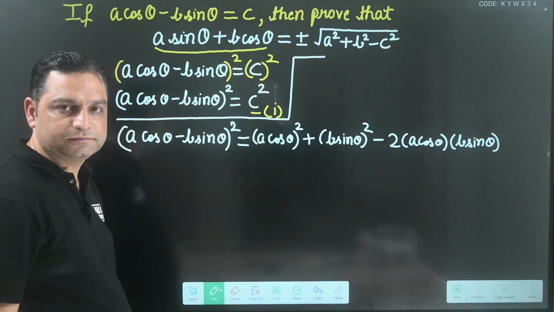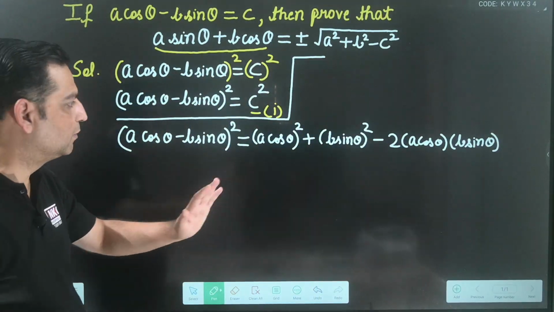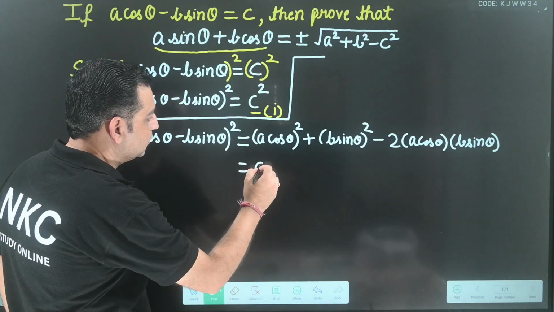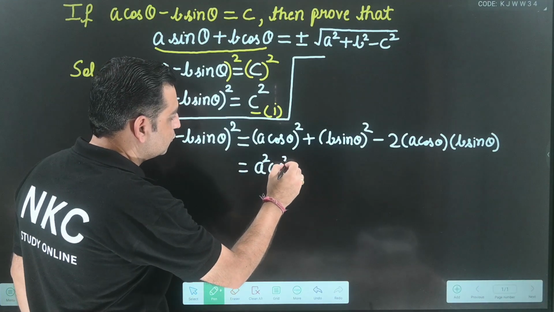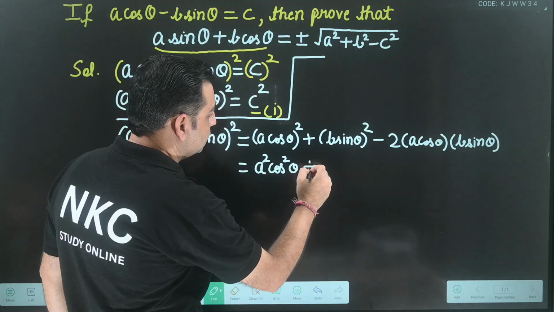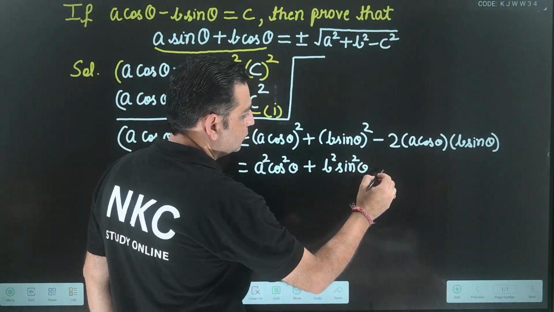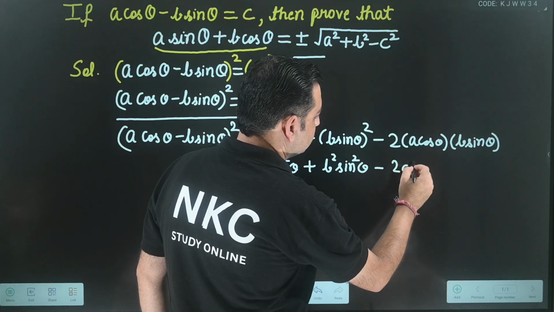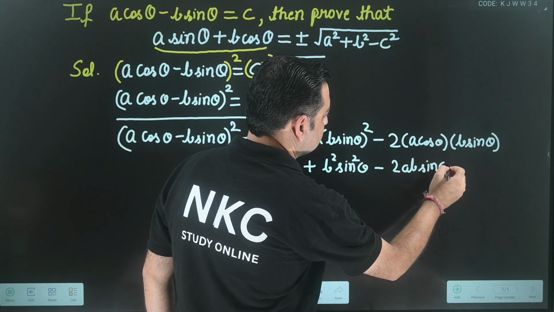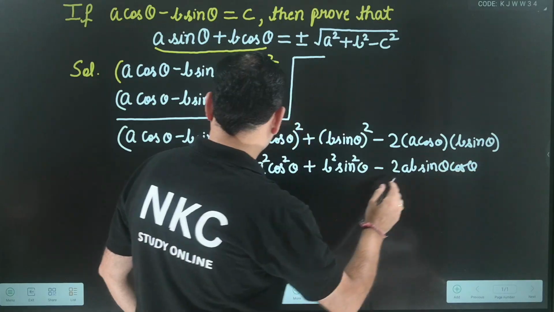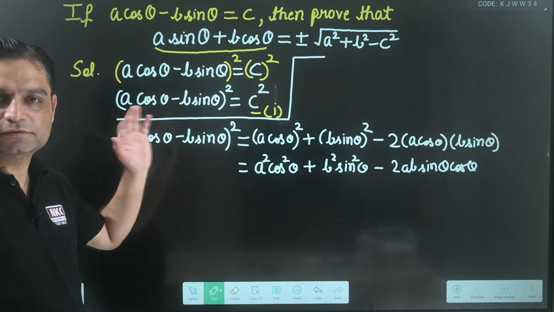This is what I am getting. One more step I am going to write. It will become A square cos square theta plus B square sin square theta minus 2AB sin theta cos theta. This is what I am getting after solving it.